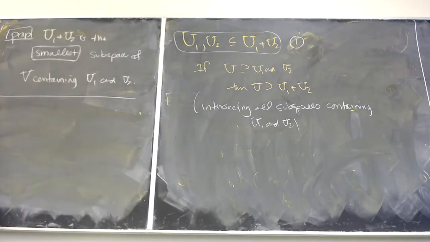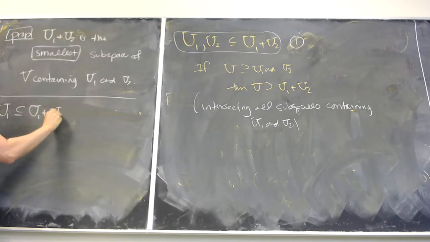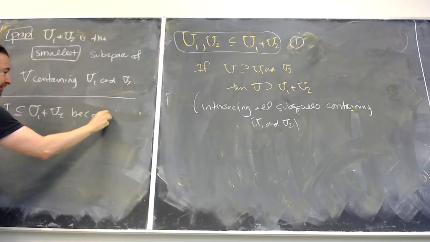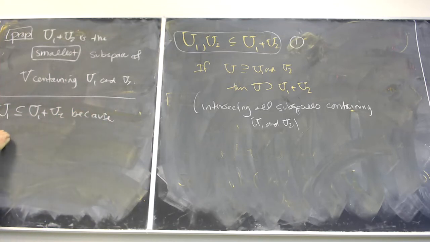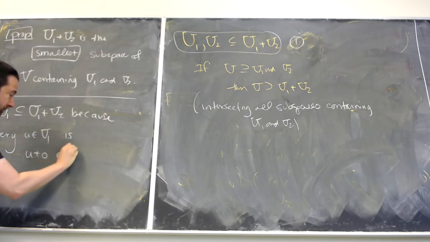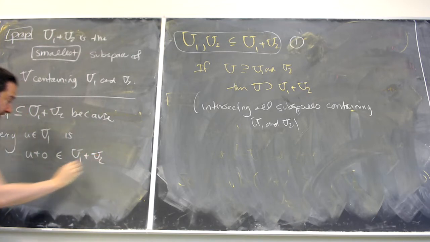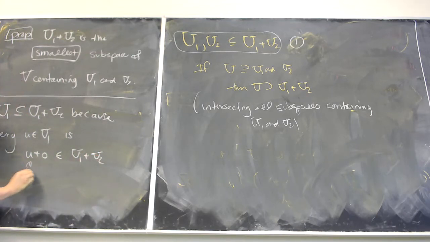Okay, so first, U1 is contained in U1 plus U2 because every u in U1 can be written u plus 0. And u plus 0 is an element of U1 plus U2, because we're thinking about this u as being an element of U1, and this 0 right here is an element of U2.